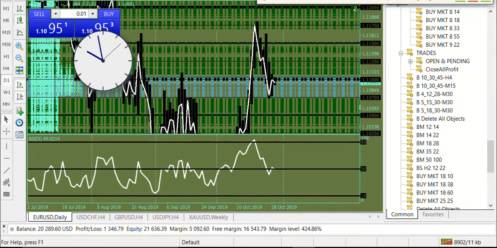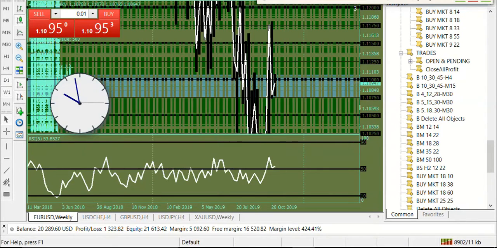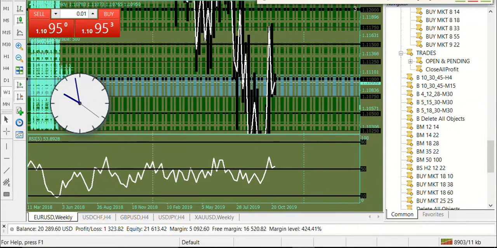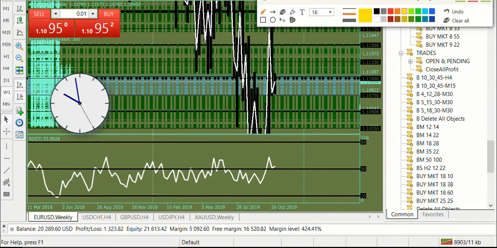Now the euro's popped a cork. It's going up. It's going to make some serious moves. Look at this move. It's going up. So we got a top bottom here, and that's pretty severe.